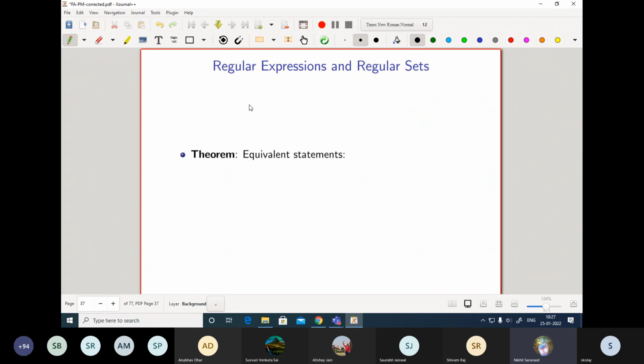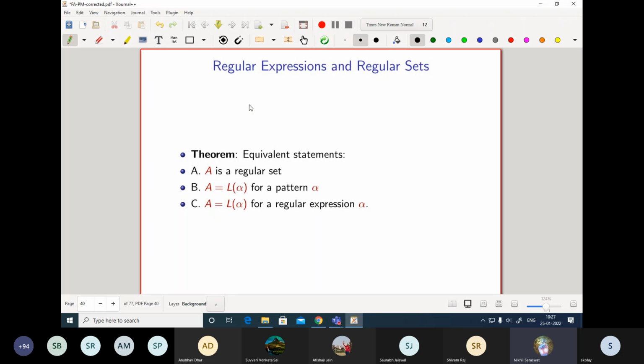The claim is that these three statements are equivalent: A being a regular set, A being L of alpha for some pattern alpha, and A being L of alpha for a regular expression alpha.